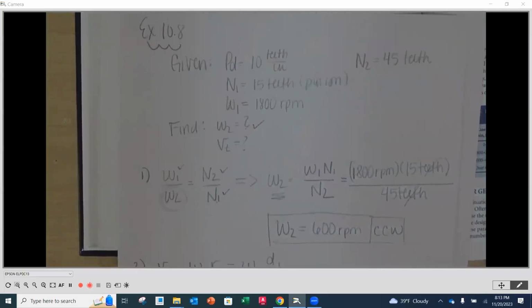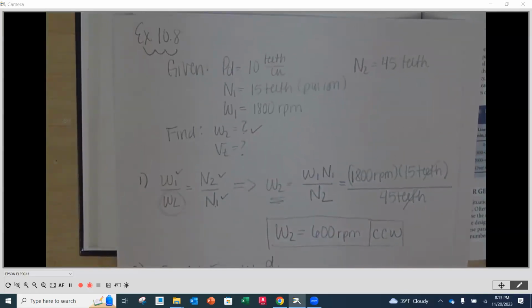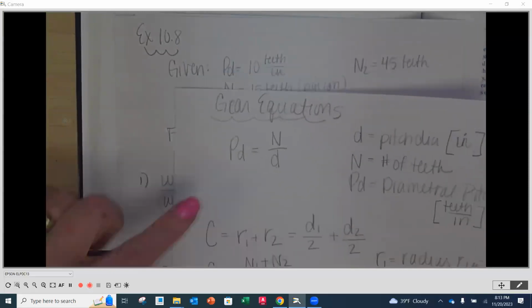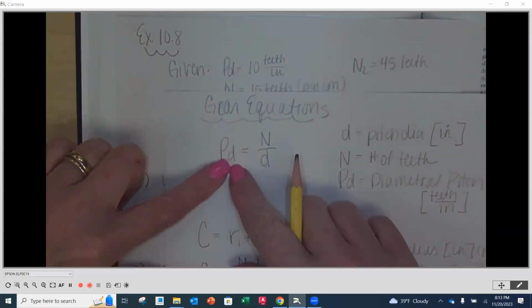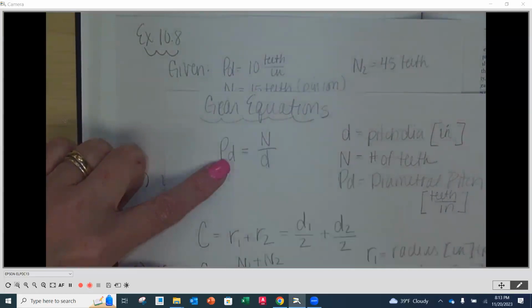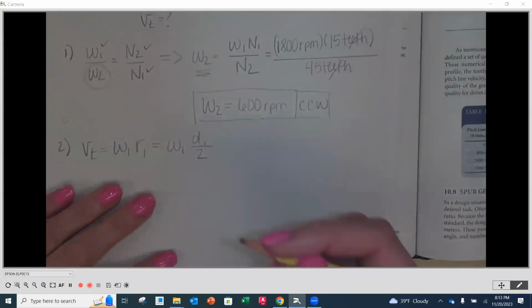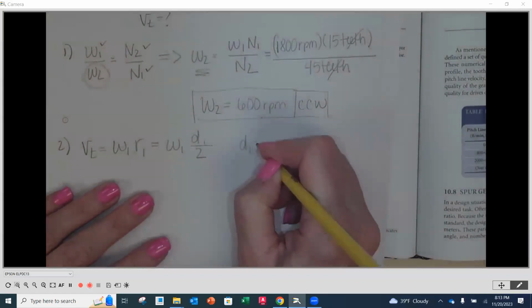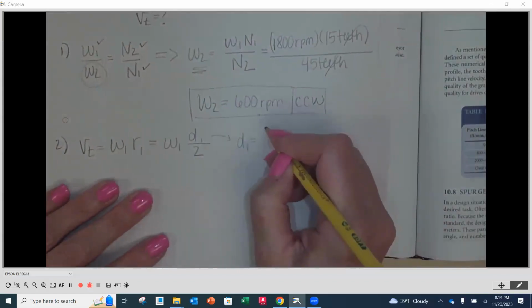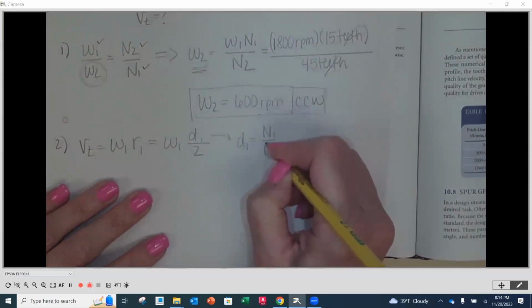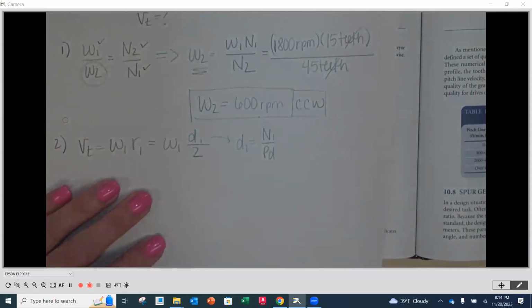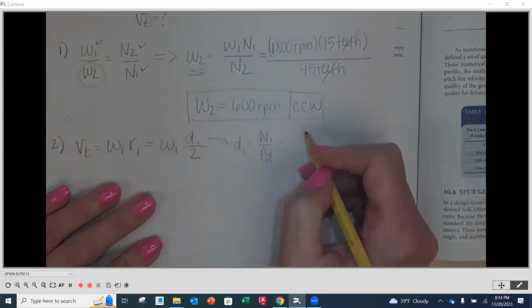But if we look on top here, do we have a diameter? Can we calculate a diameter? We can. We go up to the top of our equation sheet. We know the diametral pitch and we know the number of teeth, right? So we are going to calculate the pitch diameter of the pinion. D1 is going to be equal to the number of teeth on number 1 divided by the diametral pitch.